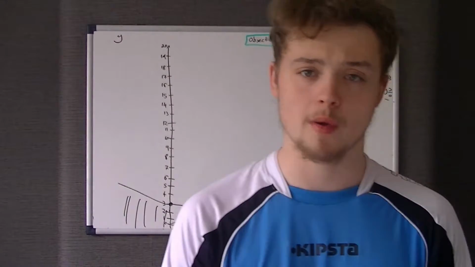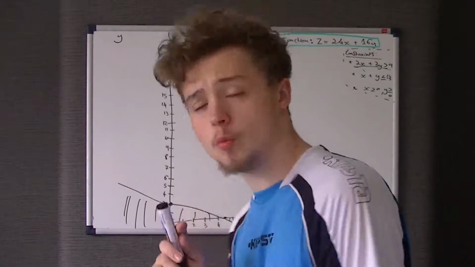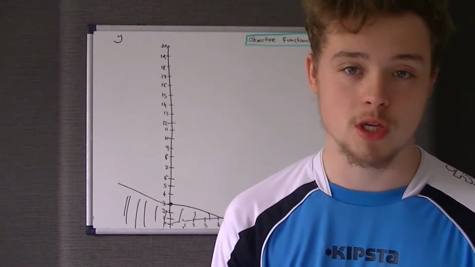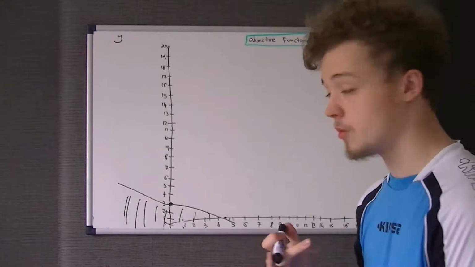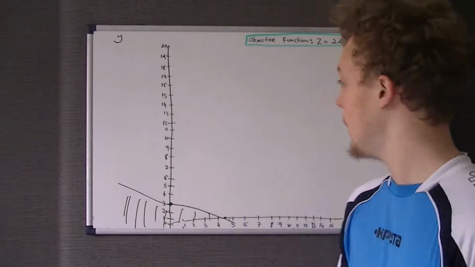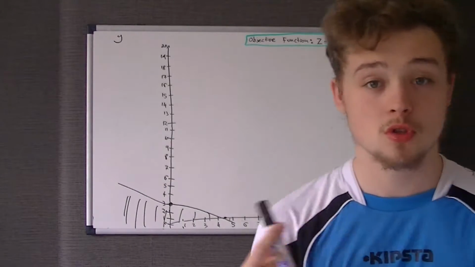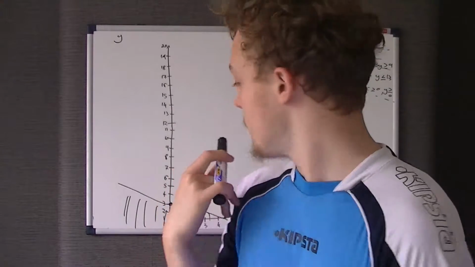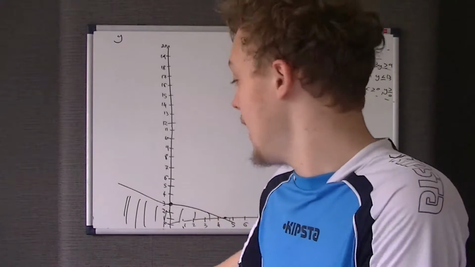And you may be going, well, we haven't considered all the other constraints yet, so why can we just start shading off areas? Well, even if some of that area that we've shaded off fits one of the constraints, we can't have that area because it doesn't fit all of them. We need an area that complies with all the constraints that are given.